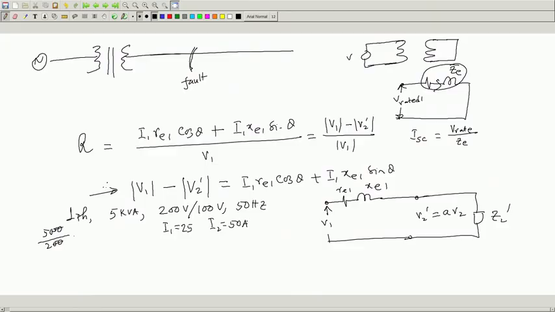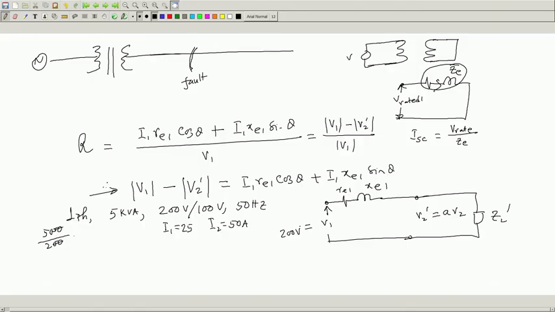Now, suppose I say that I have applied rated voltage, 200 volt, on the primary side. Please be with me in what I am telling, listen carefully. Suppose I have applied rated voltage 200 volt.